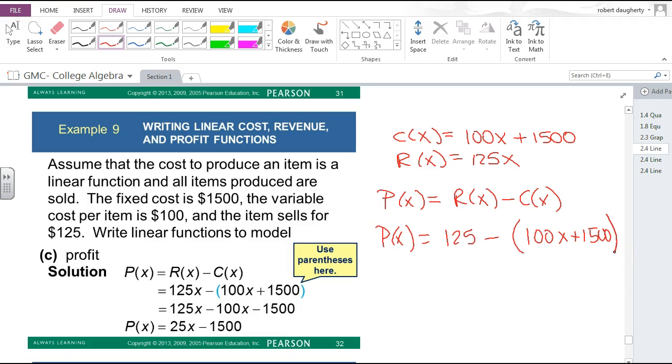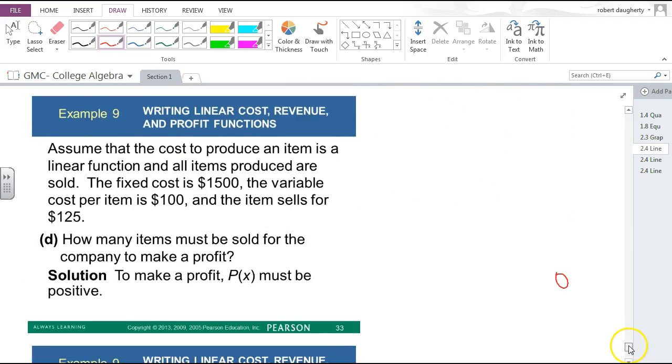So this becomes 125x minus the cost of 100x plus 1,500. So 125 minus 100, so the profit is going to be 25x minus 1,500. So that is a linear model for the profit equation in this.